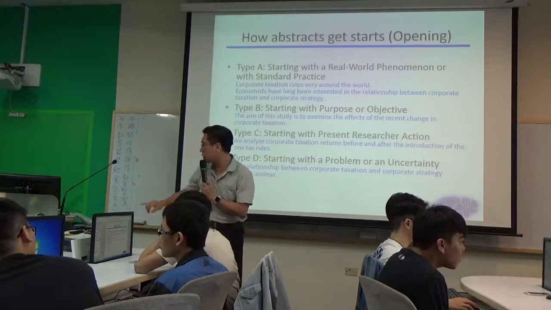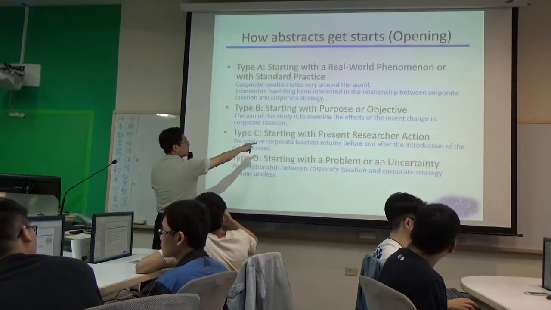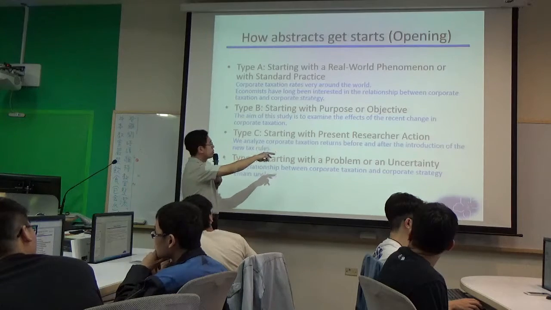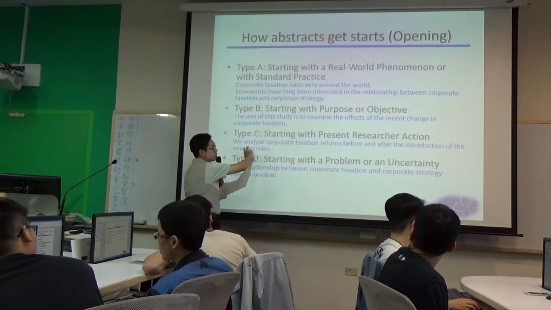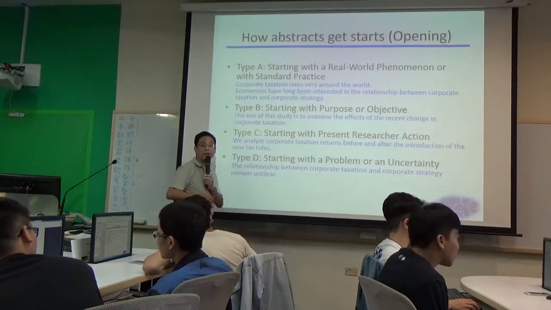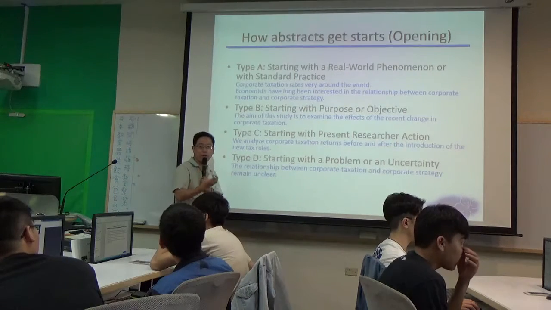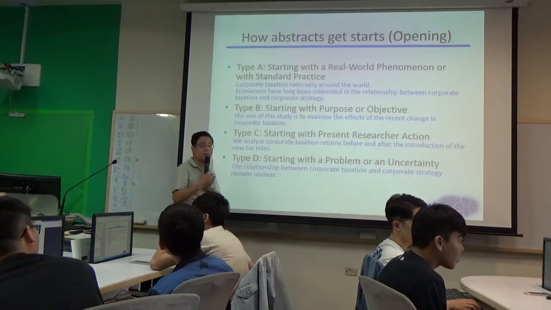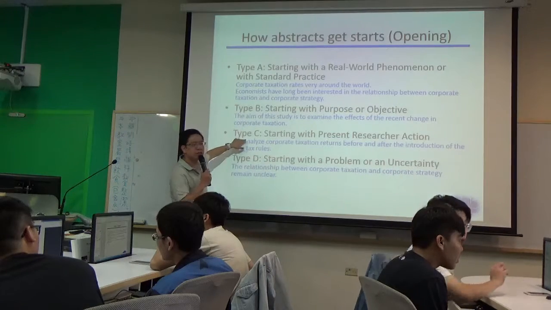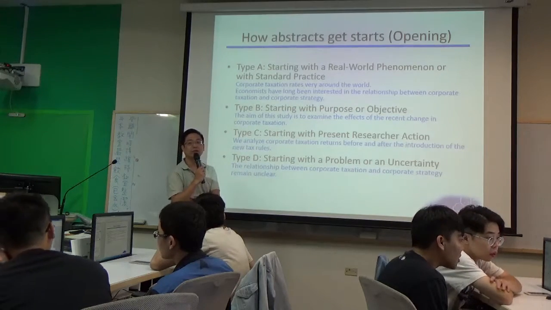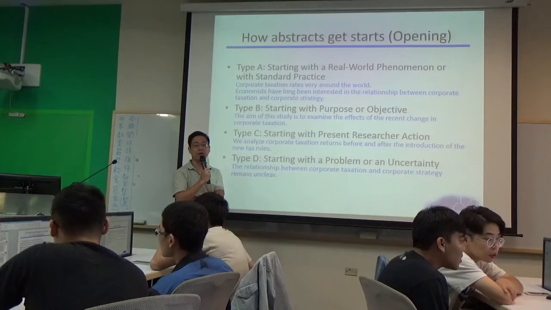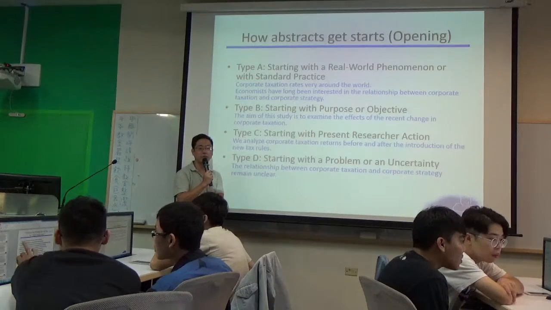The keyword for type C is starting with a present research action. We analyze something. What we are doing here is not the previous work. This is, we are doing something. I think it's type C, close to methodology. The action, the method.